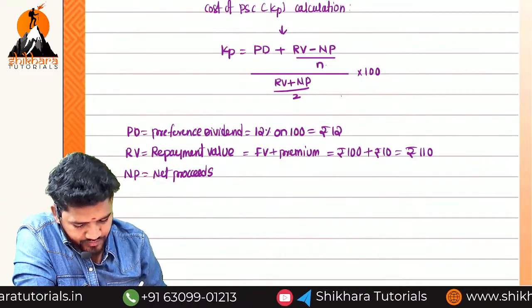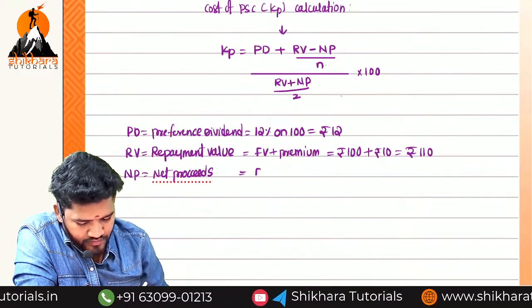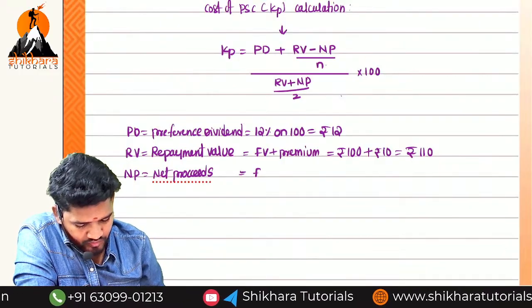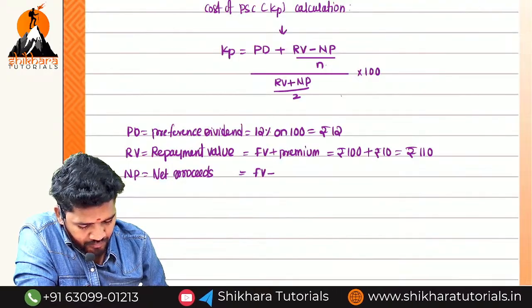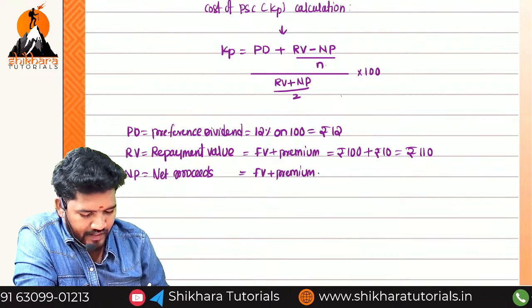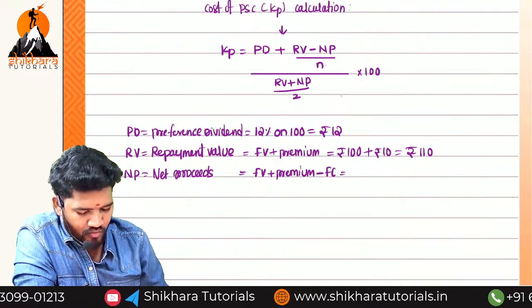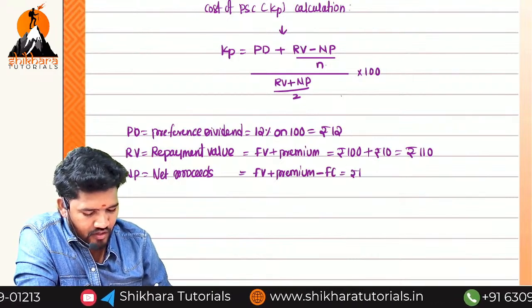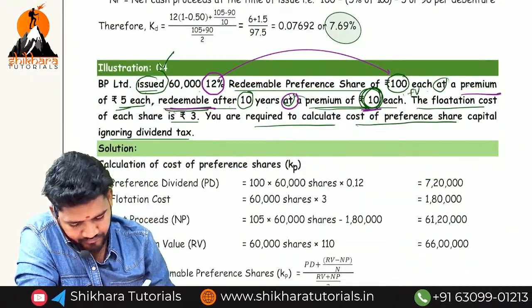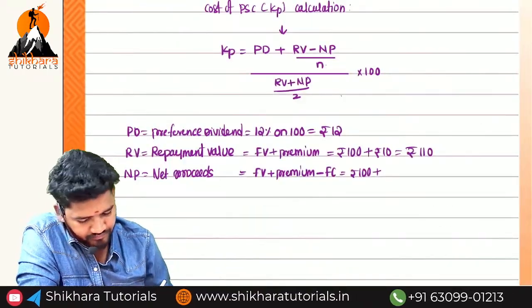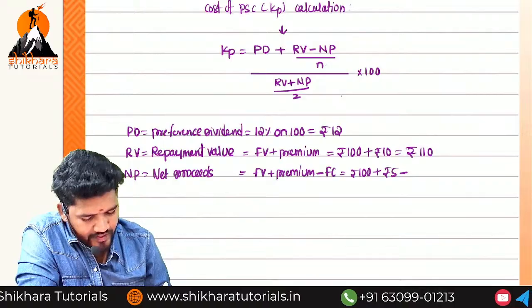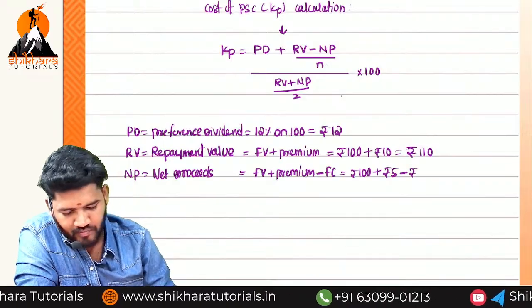Now, net proceeds: face value plus premium minus flotation cost. What about the face value? 100 rupees, premium 5 rupees, flotation cost reduction, minus.